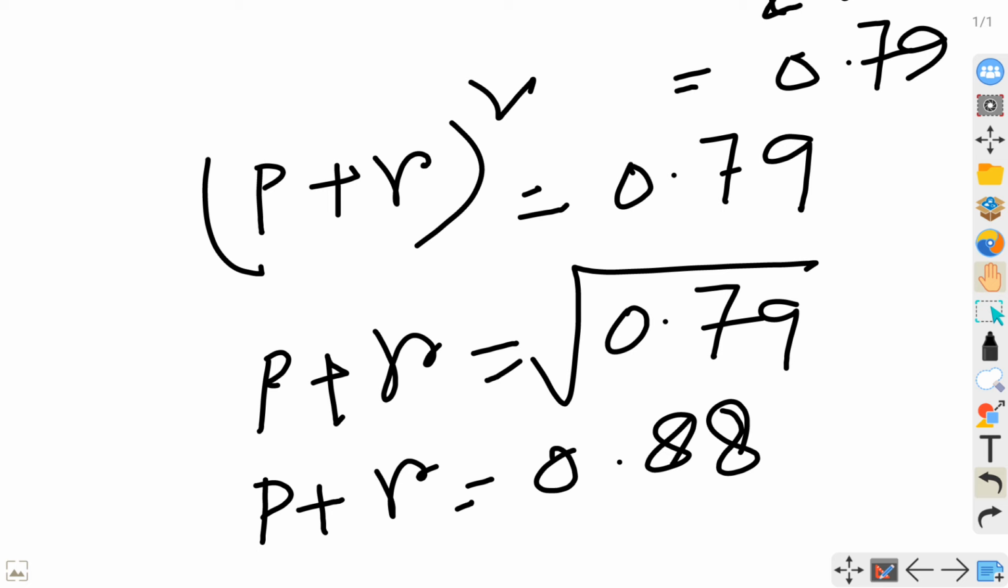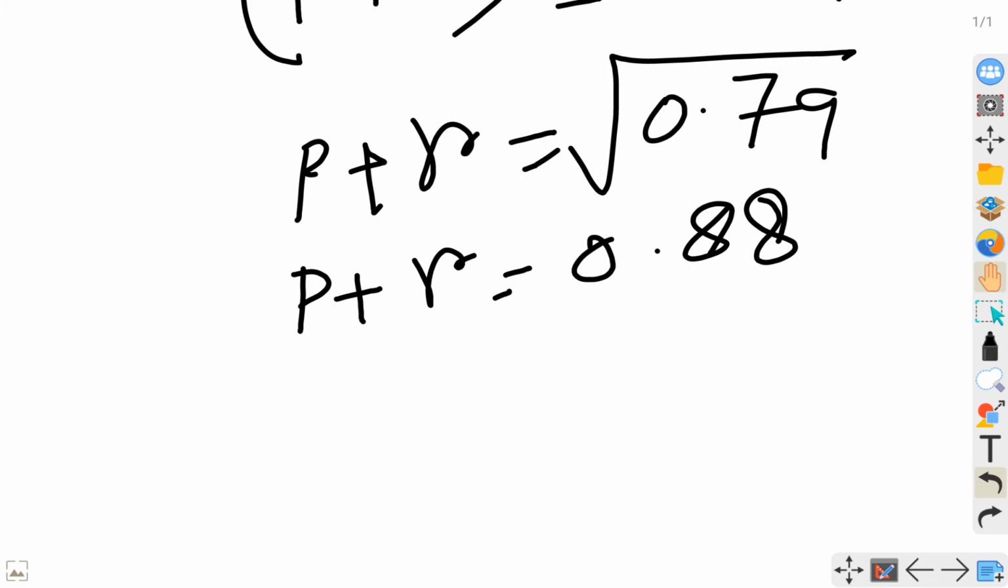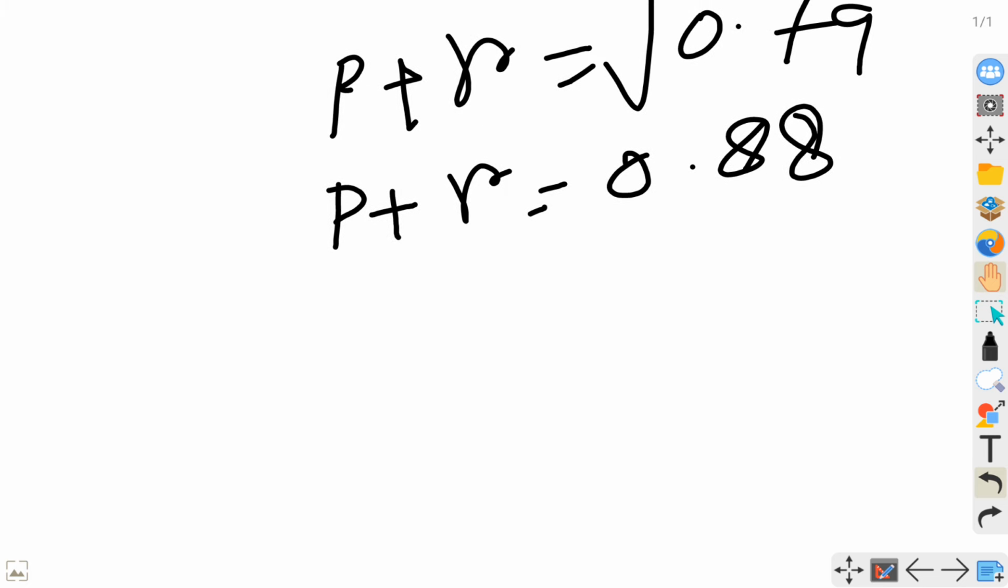You may use the calculator to calculate this value. So we have finally got the value of P plus R.